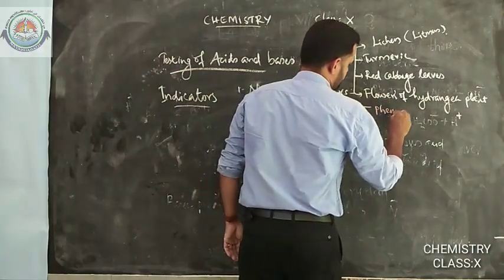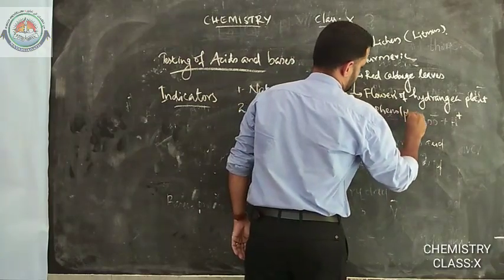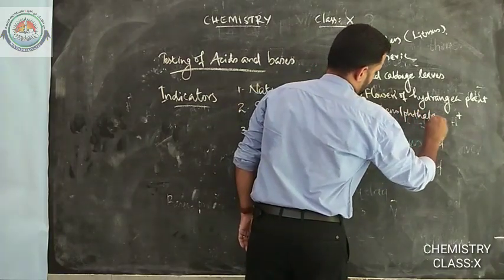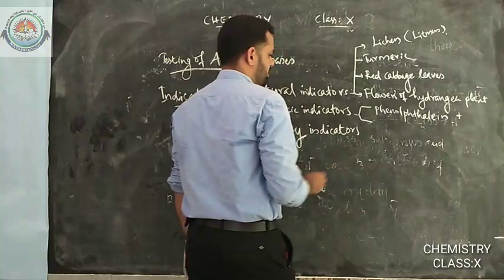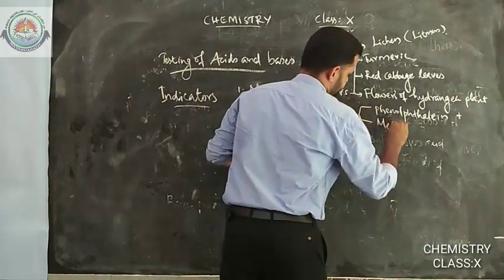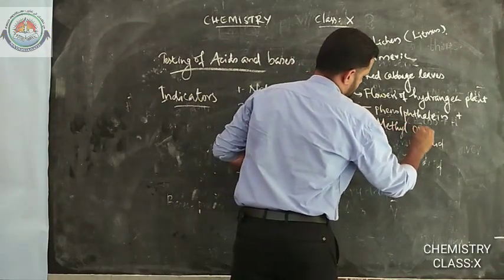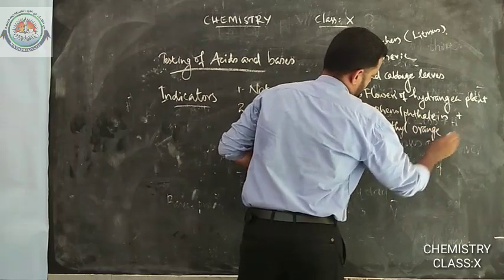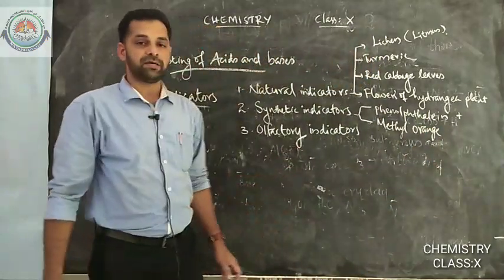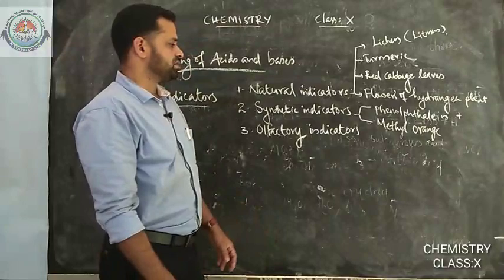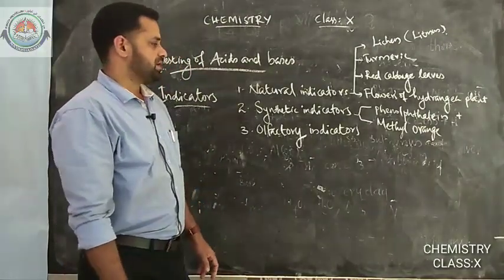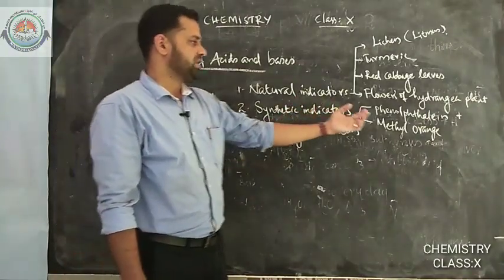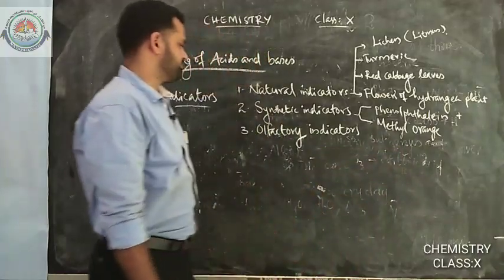Phenolphthalein and methyl orange. Phenolphthalein and methyl orange, these two are the most commonly used synthetic indicators.